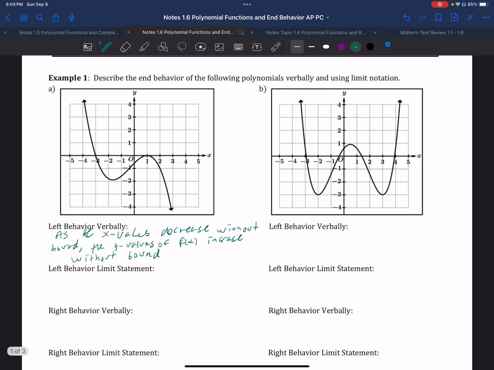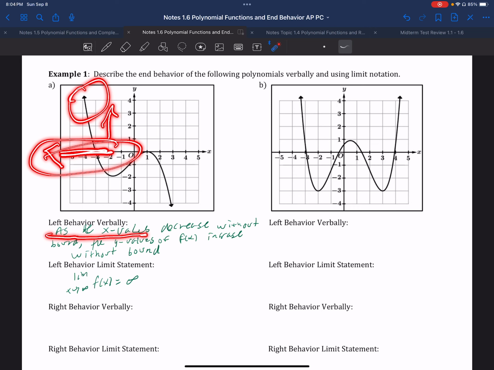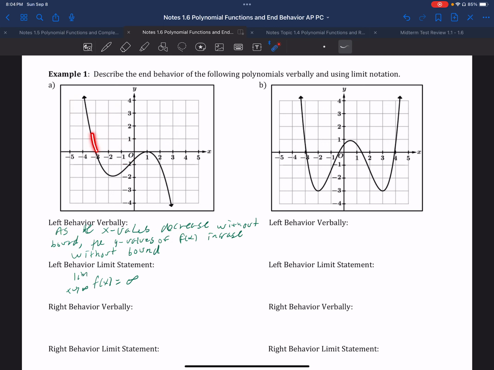So the limit notation will be the limit as x approaches negative infinity of f of x is equal to positive infinity. You can also think of it as having this arrow pointing both to the left and up. So the left side is what's covering the x part, again decreasing without bound or decreasing forever. And then the up arrow describes what the y values are doing: they're increasing, getting larger and larger and larger. Or again, you can say that you're approaching positive infinity.